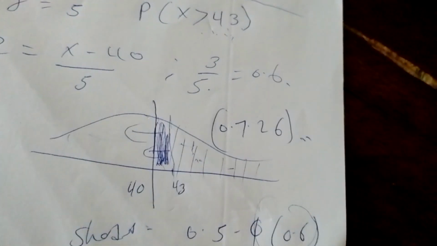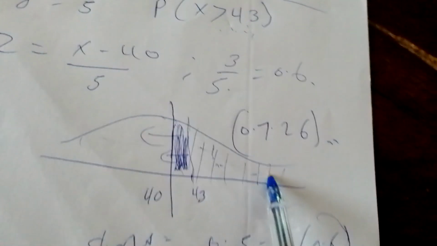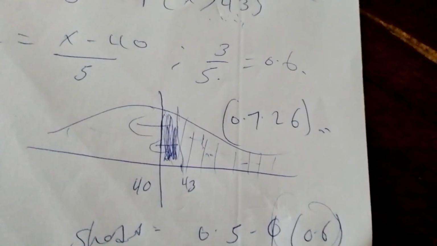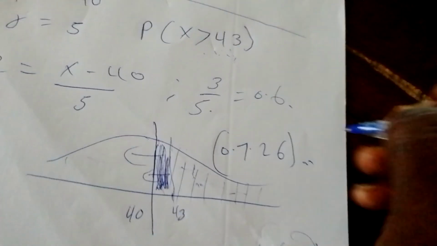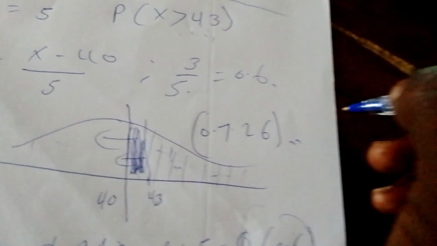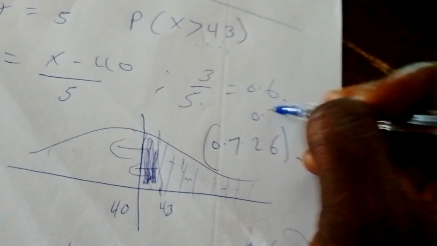I hope you get that. But basically that's not what we are dealing with. We just want to find the whole of this. So that would be 0.274. So that is 0.274 for part one. If you have a different answer, maybe you could let me know.